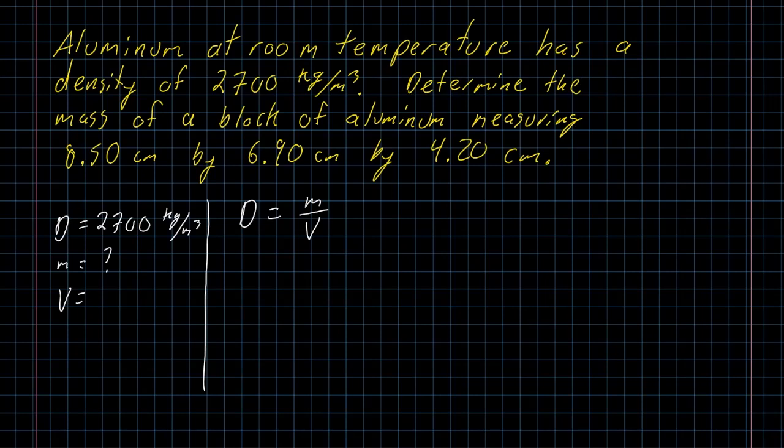The volume we will need in order to solve this problem. But we don't know the volume. We know information about the block of aluminum. And while the problem doesn't give us a picture, it does talk about the aluminum in such a way that I feel pretty confident in saying that it is in the shape of a rectangular prism.